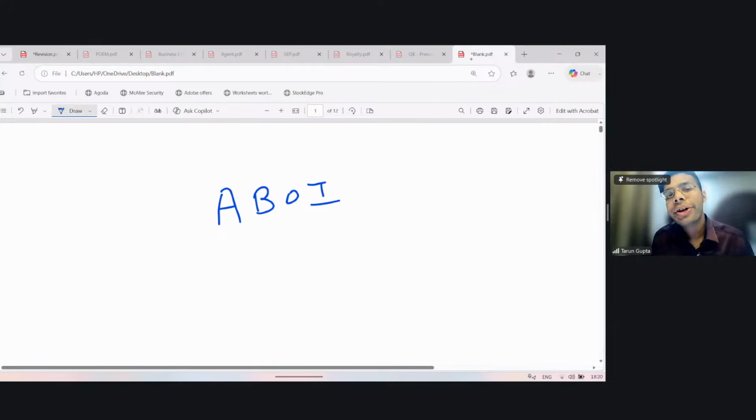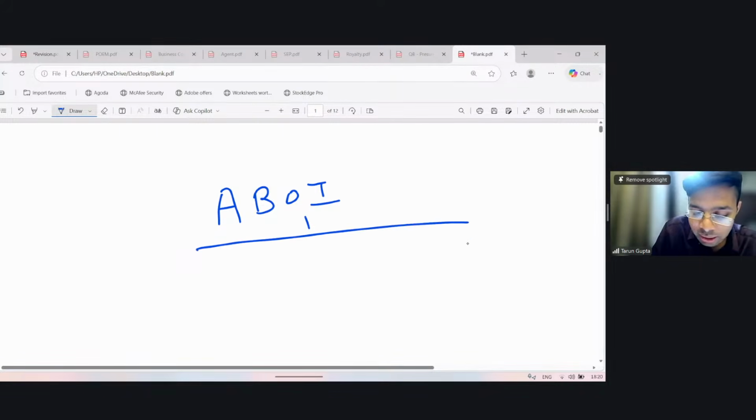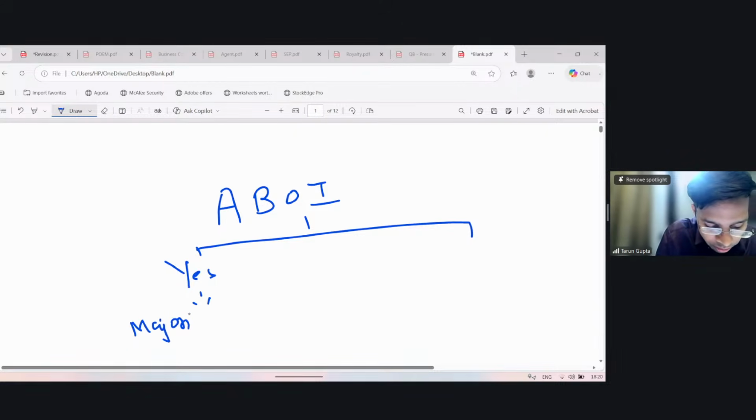Whether the company is engaged in ABOI, active business outside India. If the answer is yes, then the POEM is situated at a place where the majority of the board meetings are held, right? Majority of board meetings.